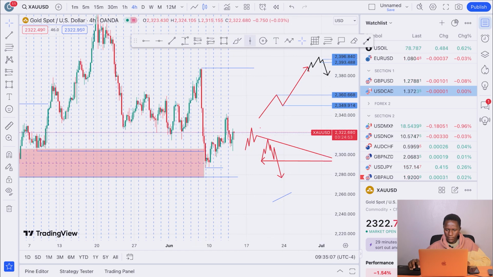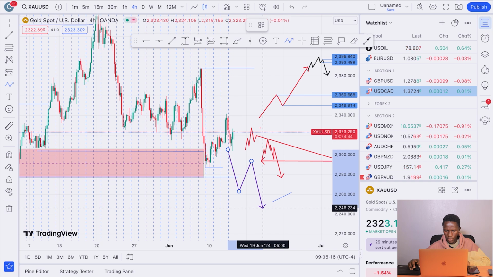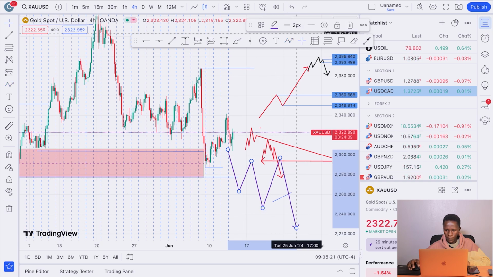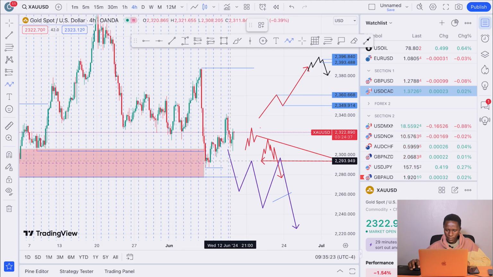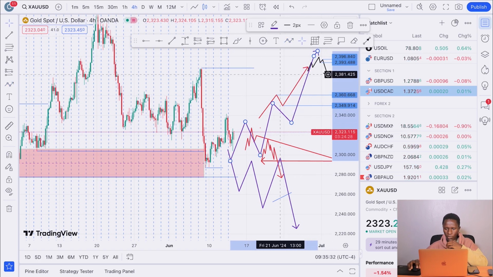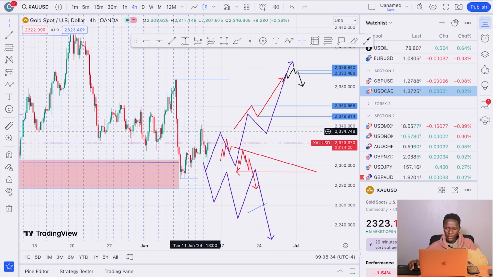Now, in case it comes and sweeps this lower, we will be expecting more sells. Then, because it might fail to come and sweep this for us to confirm the change of character, it might use this high.